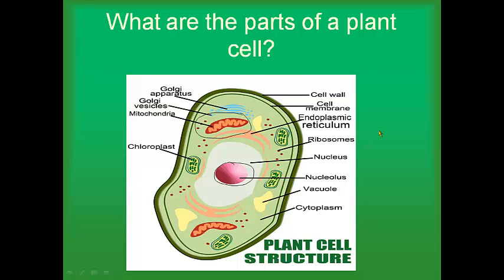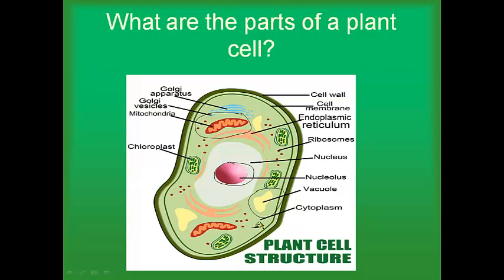And finally, you've got the vacuoles down here, which hold basically the water for the plant, like a storage tank for the plant. So these are the main parts of your plant cell. One last one, you've got the cytoplasm. This is the green stuff in here. It's basically the green goo that all the organelles float around within. So those are the parts of a plant cell.